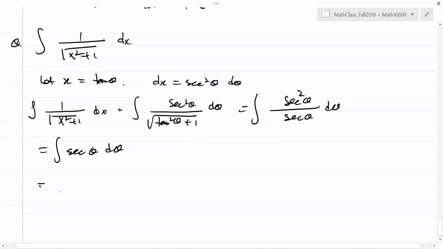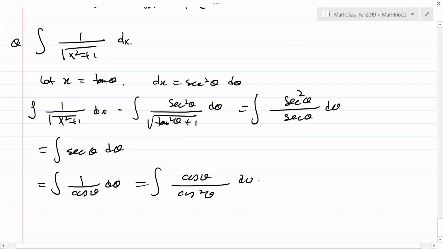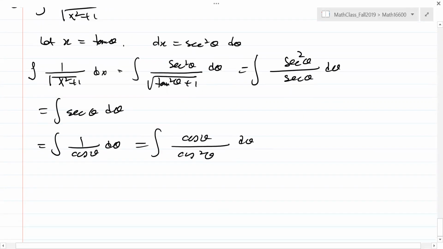It's going to be the integral of cosine theta d theta, and that's what I did: I multiply the numerator and denominator both by cosine theta. Then you use a substitution. Let w be sine theta. Then that would be dw over 1 minus w squared, and then there is a formula.